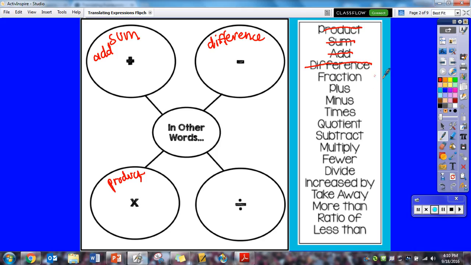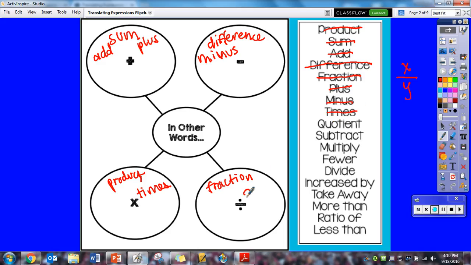Fractions can be represented like a number over another number, and this symbol really just means to divide, so we're going to write fraction down here. Plus, we use for addition. Minus, we use for subtraction. Times, we use for multiplication.